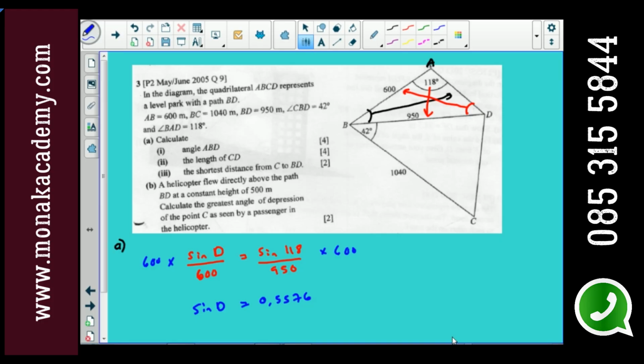What is the rest of the number? 0.557651 111. Last number? 1. Oh, it will continue with ones. Okay. There's a reason why I'm not rounding it off yet, because we're not yet done with the answer, right?